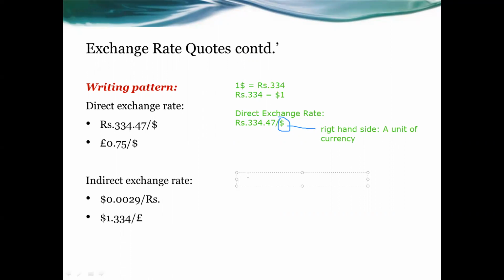Then let's look at the indirect exchange rate. An indirect exchange rate means we express the amount of foreign currency we can obtain per unit of domestic currency. Then remember, in your right hand side, it has to be your domestic currency unit.